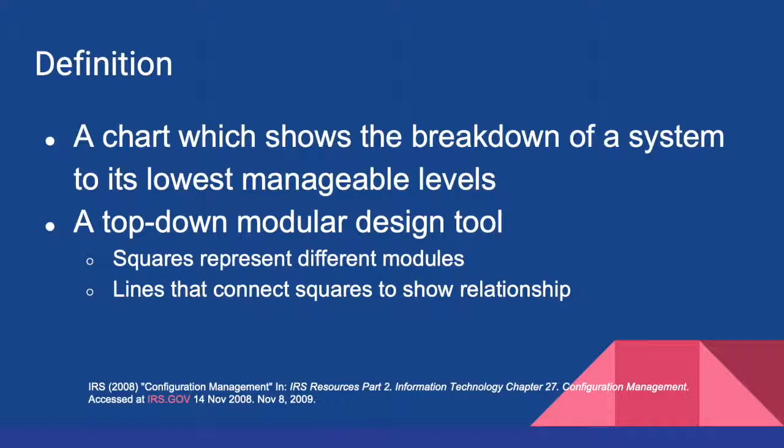And so we have to have something to represent functions or modules and something to represent relationships between each function or module. The way we do this is using squares or circles to show that there is a module, and then we use lines or arrows to connect each square or module to show the relationship between the functions.